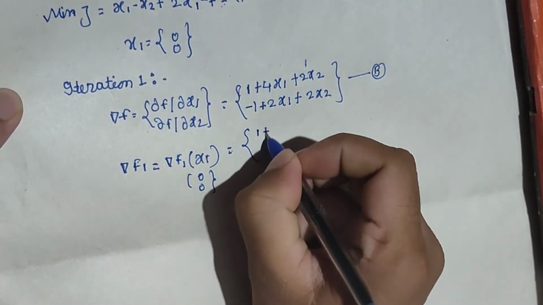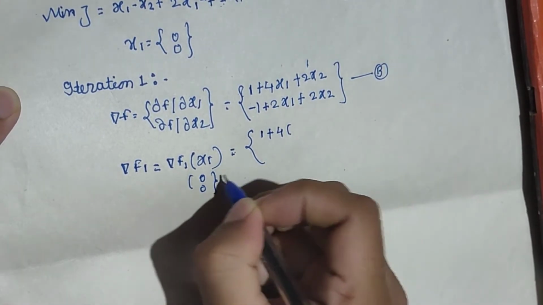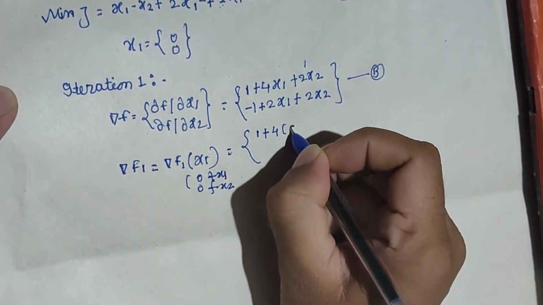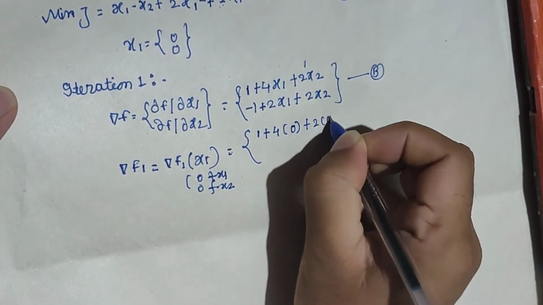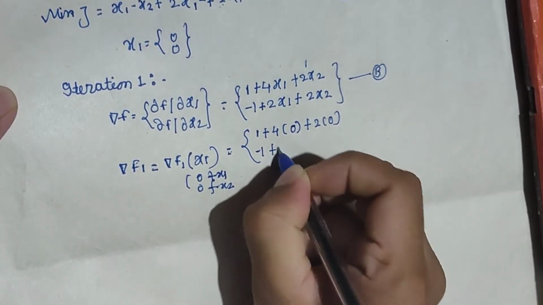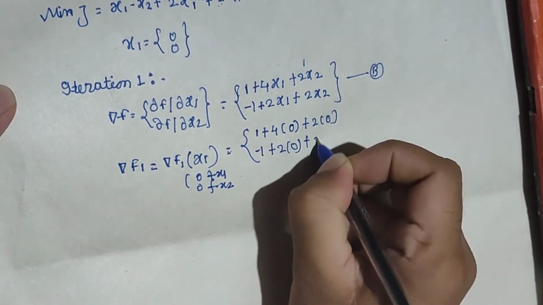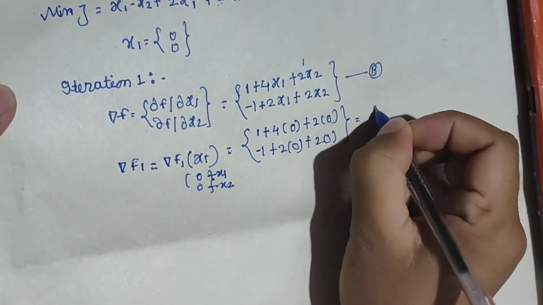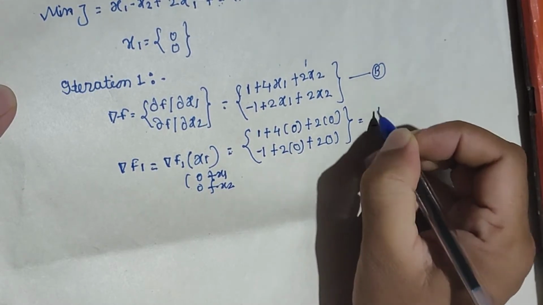So let's put these values: x1 is 0, x2 is 0, so we get 1 and minus 1.